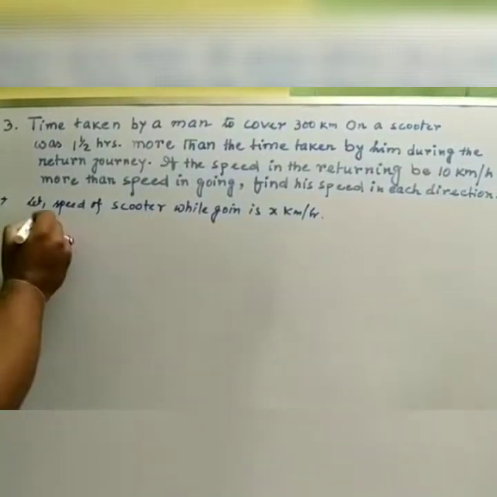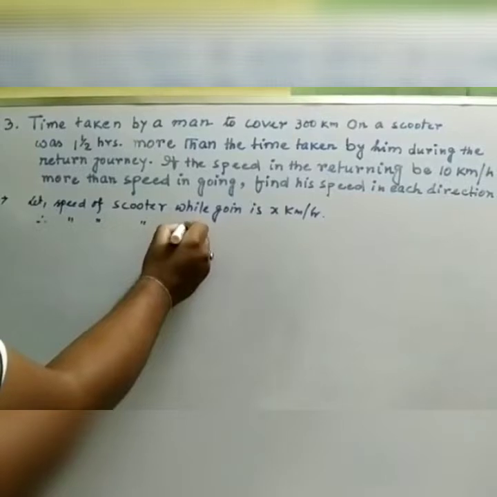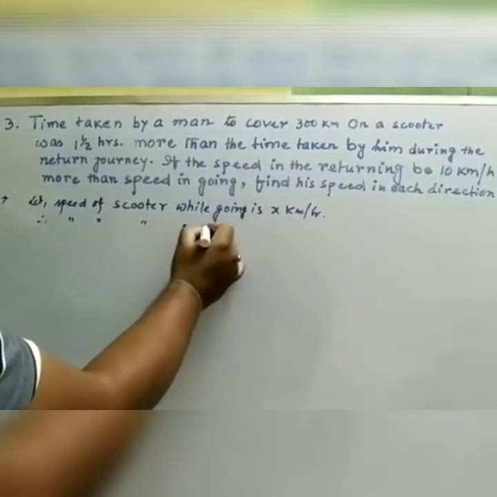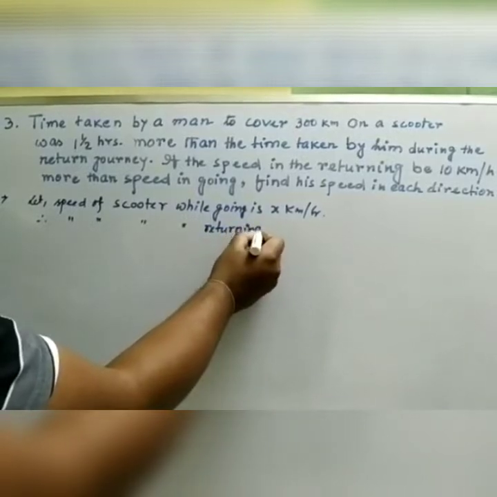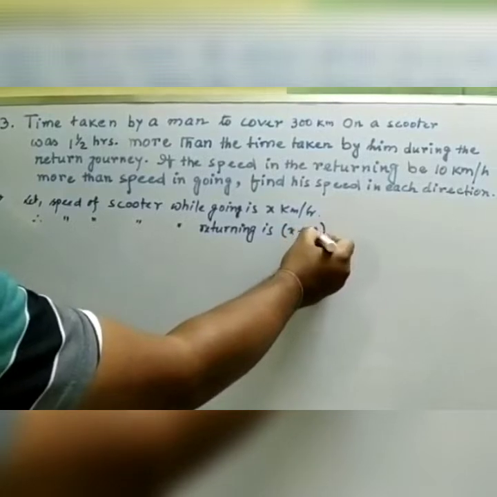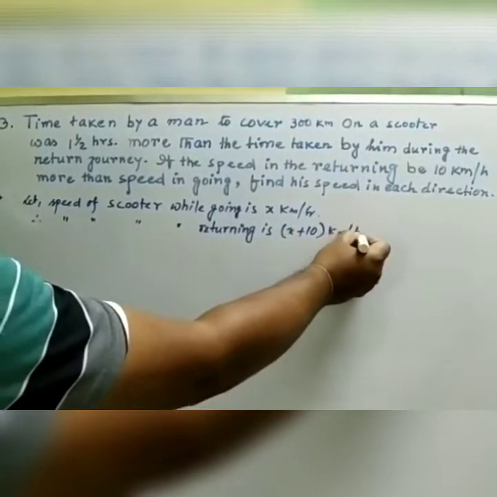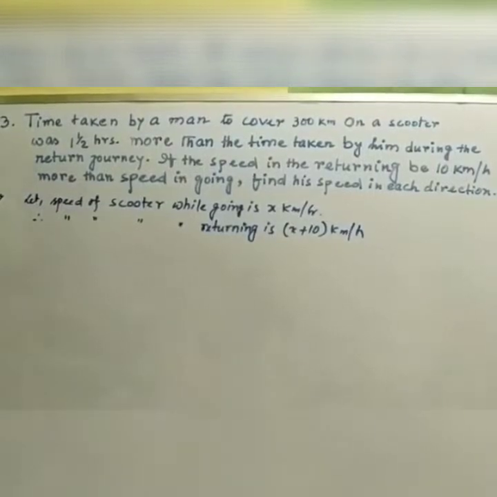Okay, so the speed of the scooter while returning is x plus 10 kilometer per hour. So we got both the speeds. Now we need to find the time.